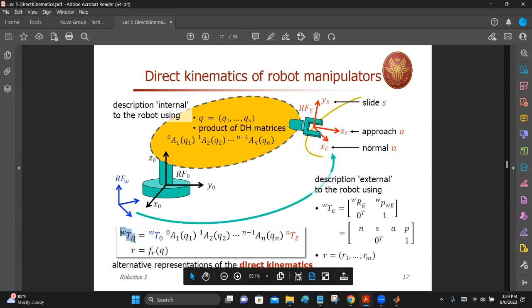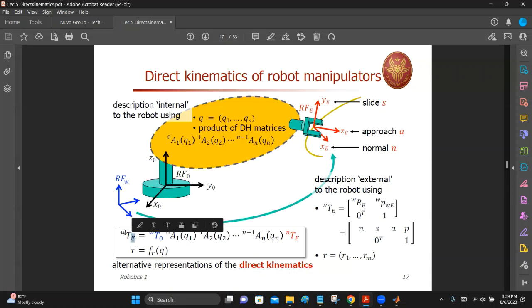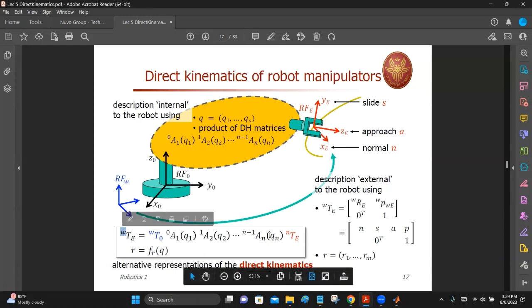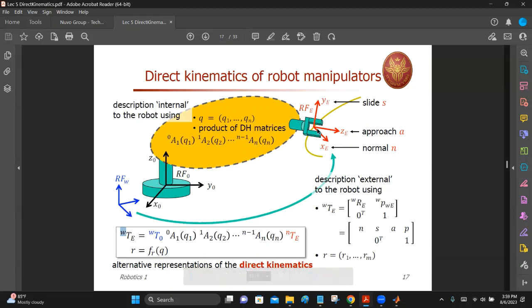You have WTE, which means the transformation from the end effector to the world coordinate frame. The moment you execute this one and get the numbers, you know where the end point is, and where it is heading with respect to the world coordinate frame here, not the base, but the world coordinate frame.